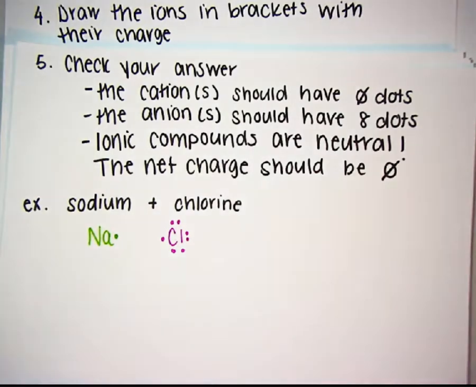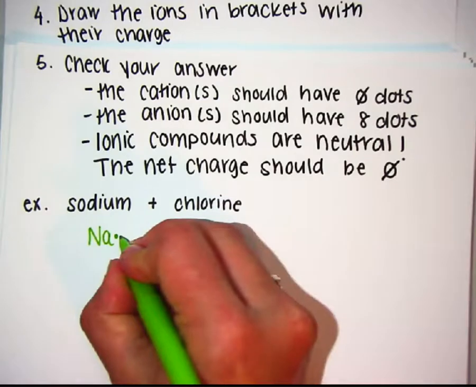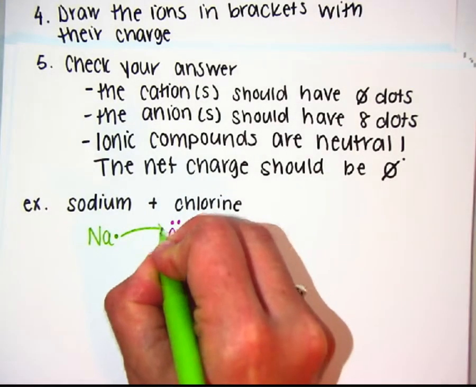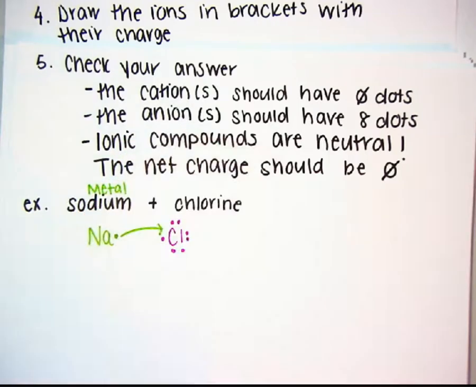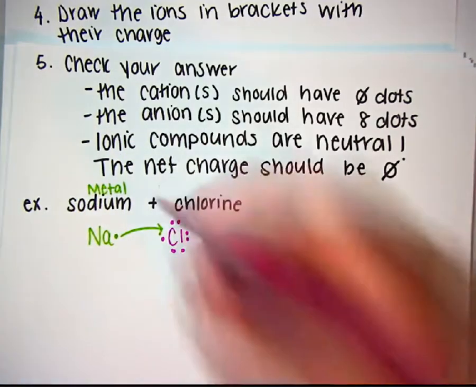Step 2, draw an arrow to show the transfer of electrons. It is always going to be drawn from the cation to the anion, or from the metal to the nonmetal.